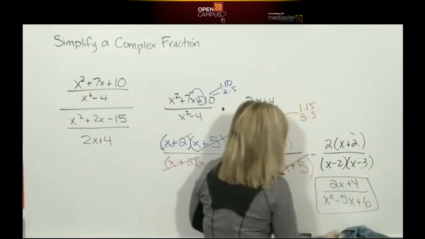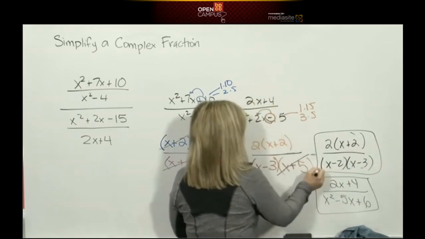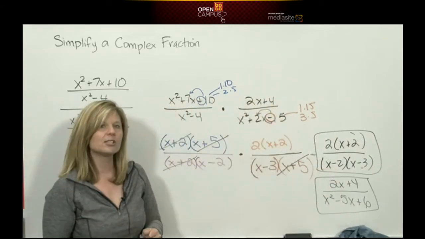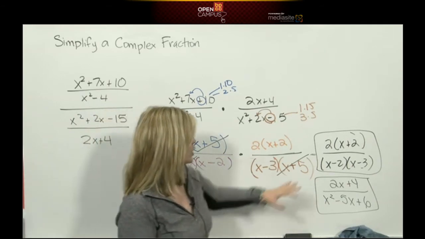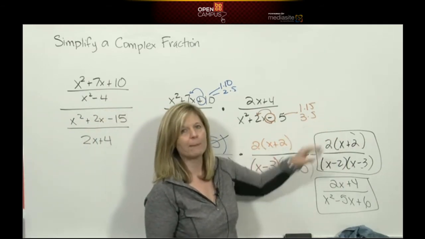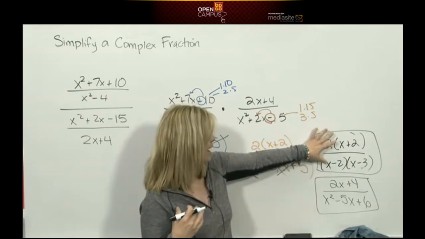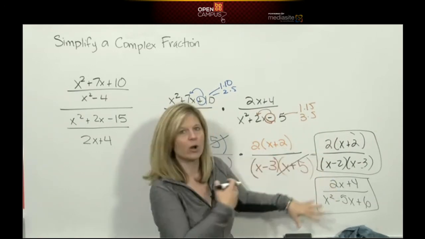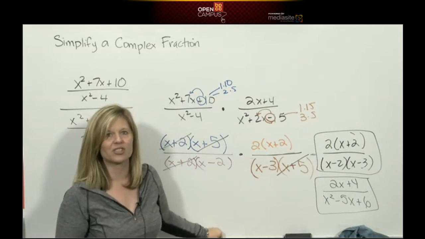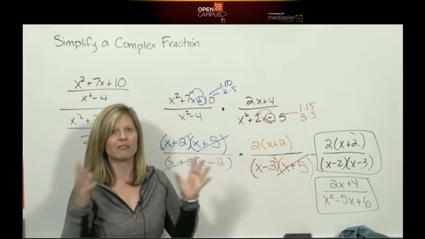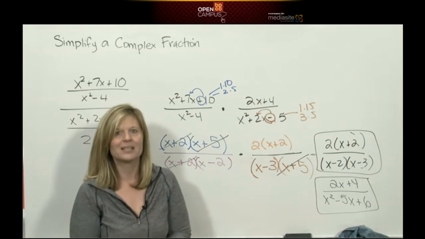This fraction is equivalent to this fraction. It just depends on the author of your textbook and your professor which form they prefer the answer in. I prefer the factored form. Some professors want you to simplify it out. But that's all there is to working a complex fraction. All we're doing is using everything you've learned. Okay, see you in the next module.